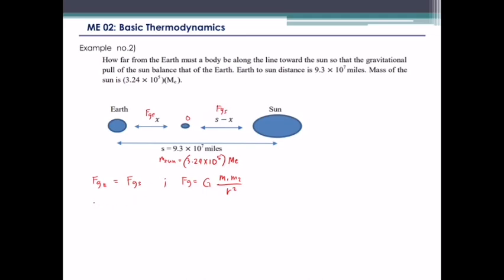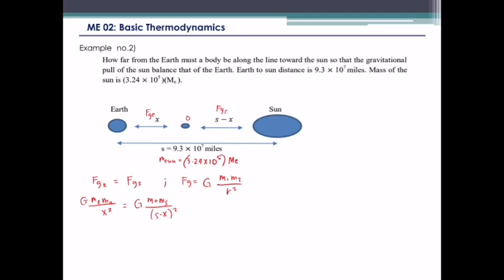So FGE, from this formula of gravitational force, is G, mass of the Earth, mass of the object, over the distance between them, x squared. While this one, FGS, is G, mass of the object and mass of the Sun over s minus x squared.